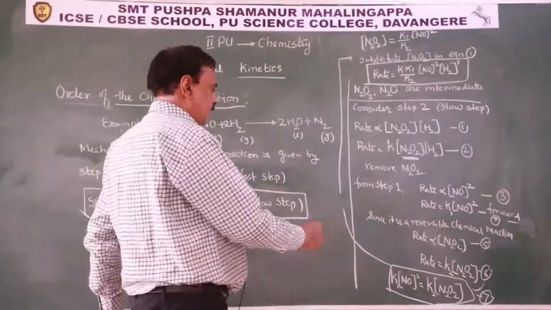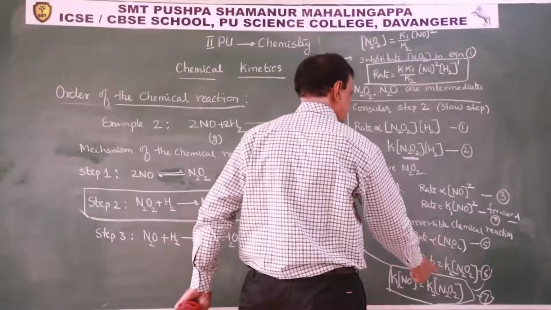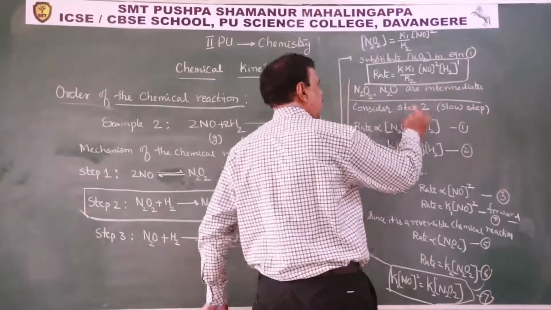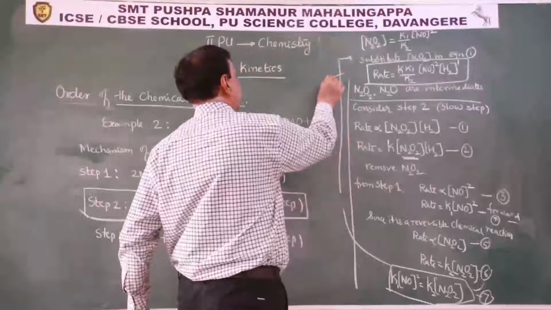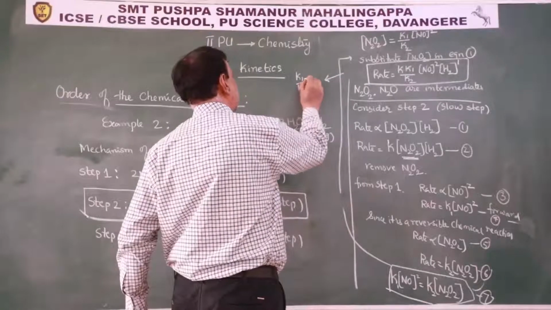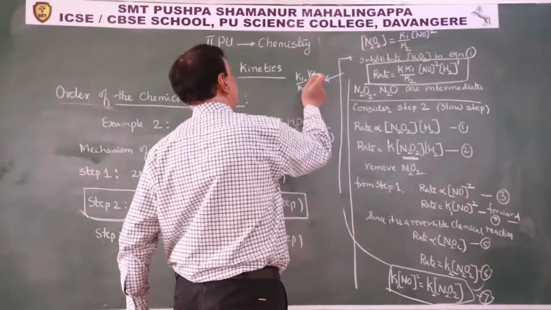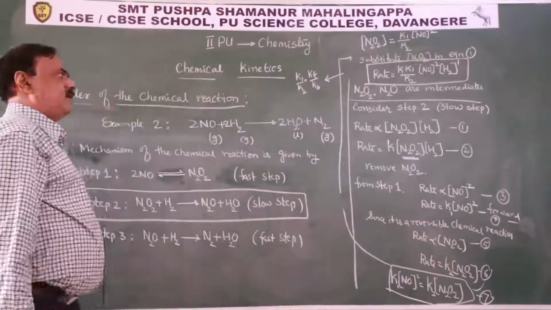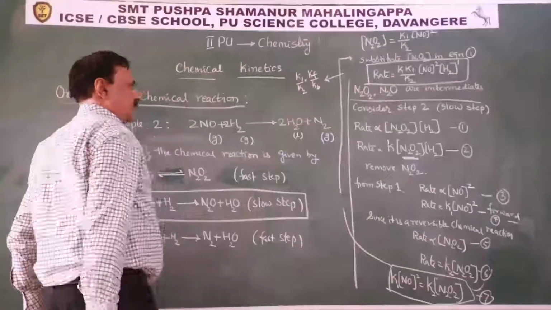What is K1? K1 is the forward reaction constant and K2 is for the backward reaction, so K1 by K2 is equal to Kf divided by Kb, that is, the velocity constant of the forward reaction divided by the velocity constant of the backward reaction.